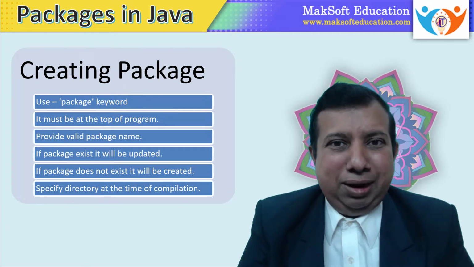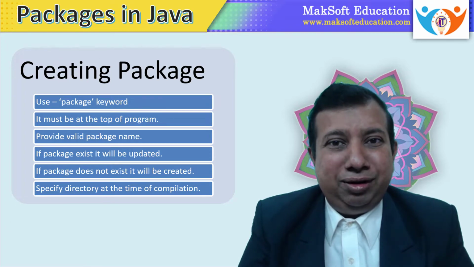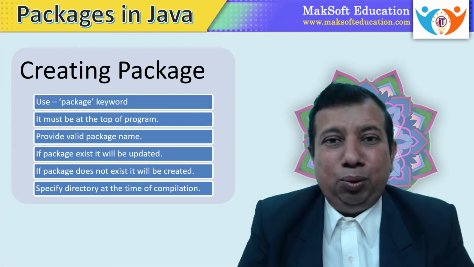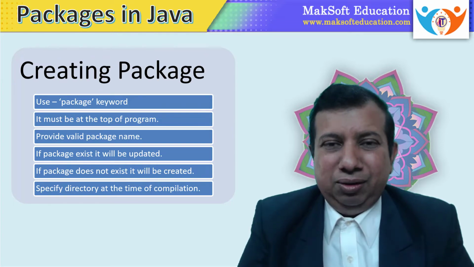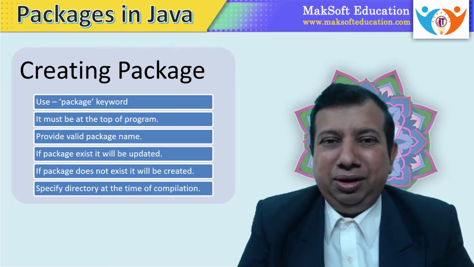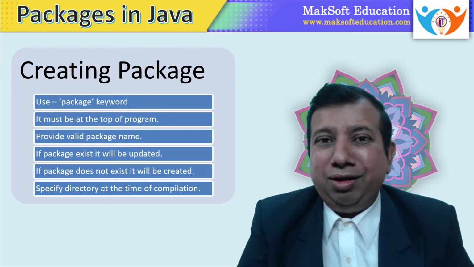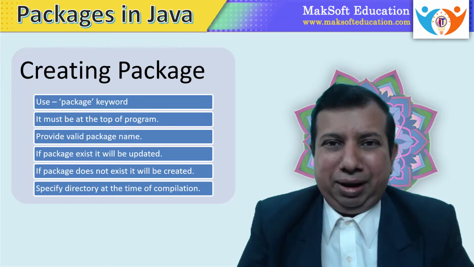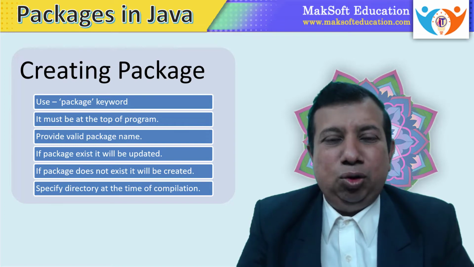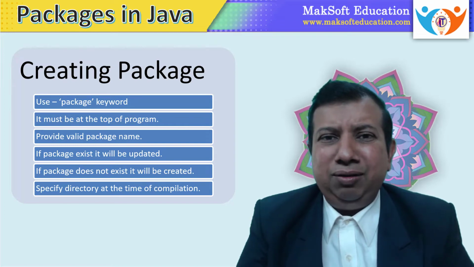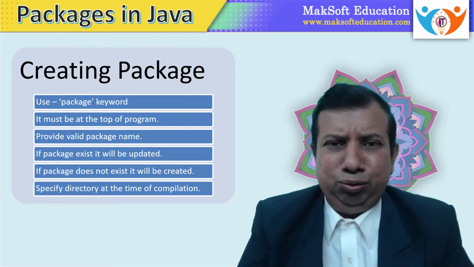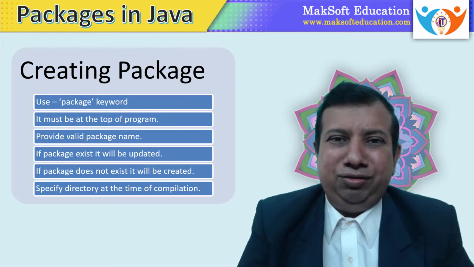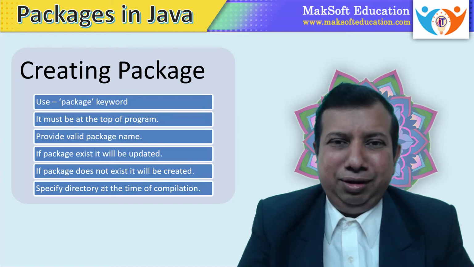So when you are compiling a program that is going to create a package, you have to provide an additional option to the javac compiler by using the -d option, and then you have to specify the location where you want the package to be created. If you want to use the same working directory, you just put a dot, or you can give the full static path, no issues. These are some theoretical points that we have to remember before creating a package.